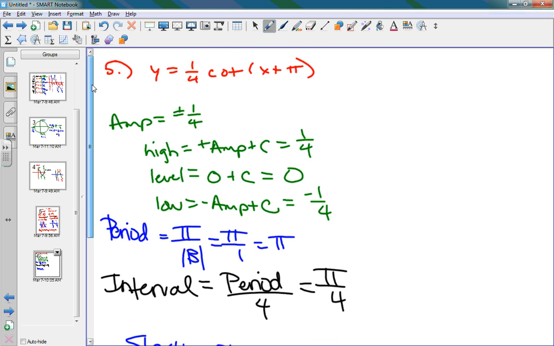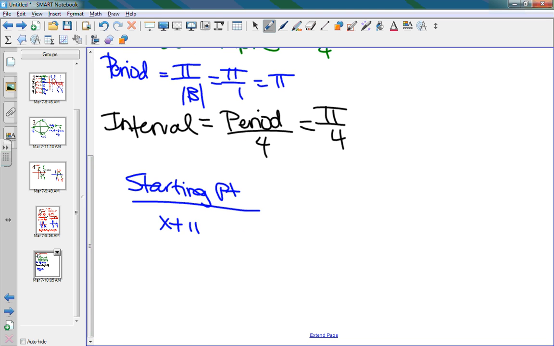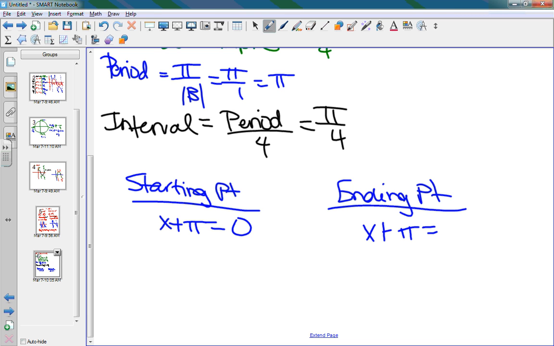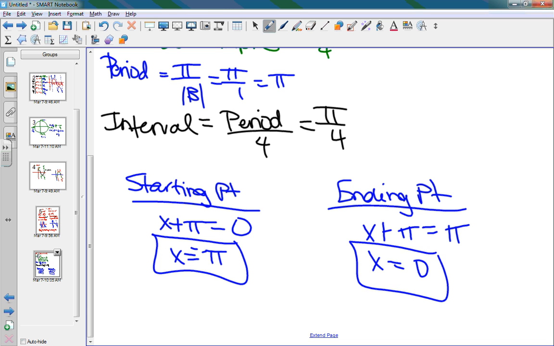So what we have to do is, for the starting point, x plus pi is equal to 0. The ending point is going to be what? x plus pi is equal to pi. Okay? So I'm going to start this thing at where? Negative pi. And I'm going to end this thing at 0.